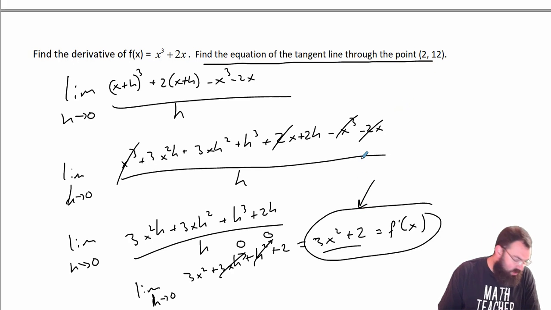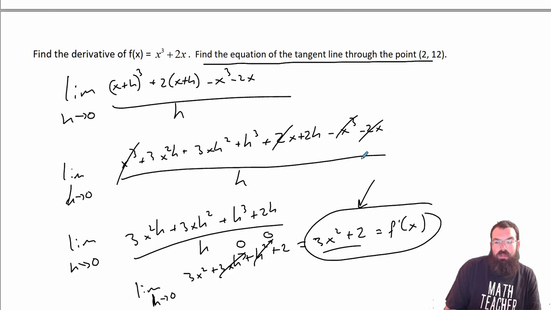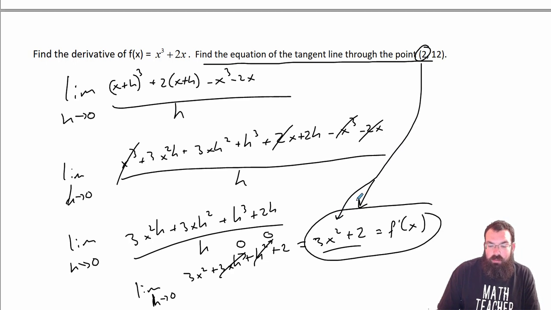So I have to use this to determine the slope of that line through that point. I'm going to plug in my x: f prime of 2 is equal to 3 times 2 squared plus 2. So this is 3 times 4 is 12 plus 2 is 14.